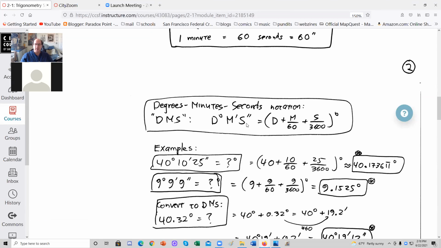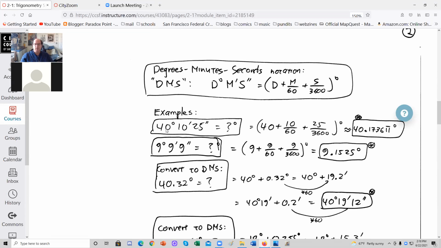Anyhow, so degrees, minutes, seconds, DMS. D degrees, M minutes, S seconds. M minutes is M over 60ths of a degree, and S seconds is S over 3600ths of a degree. So for example, 40 degrees, 10 minutes, 25 seconds is how many degrees? 40 plus 10 over 60 plus 25 over 3600.